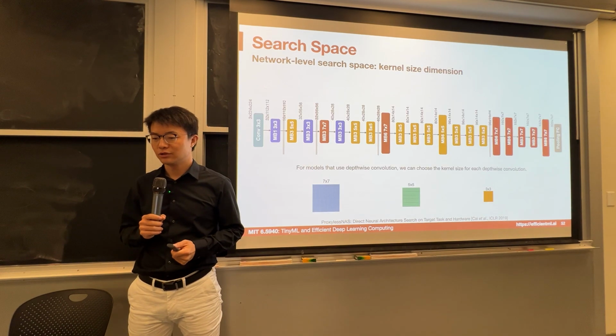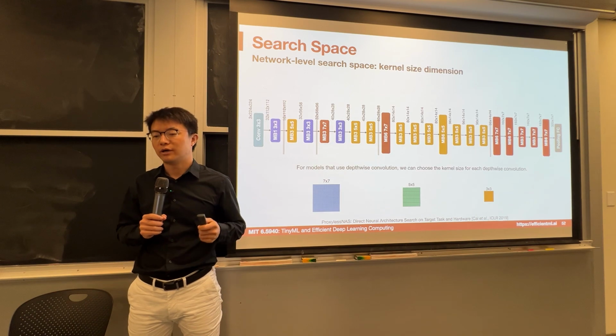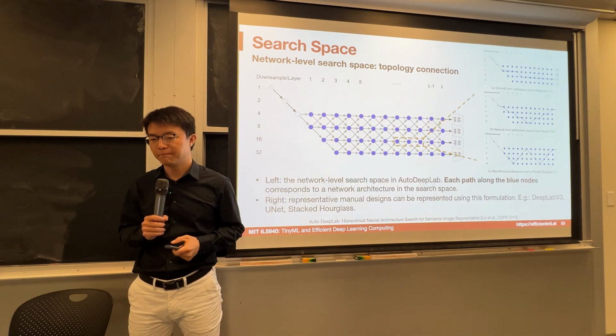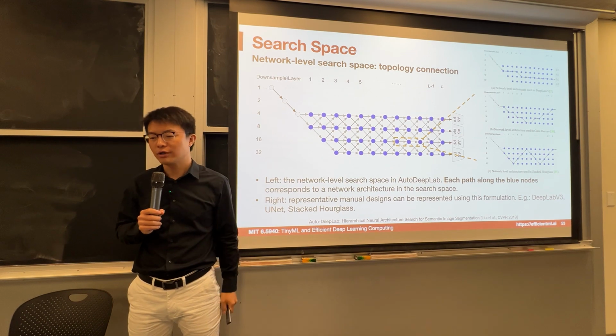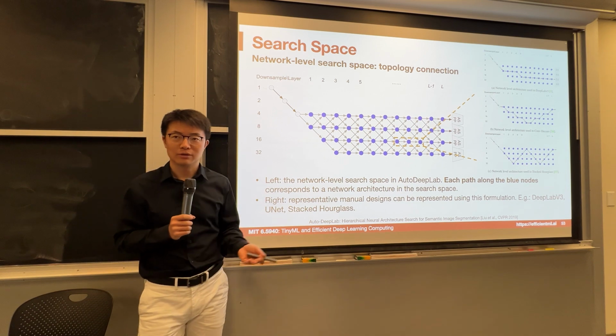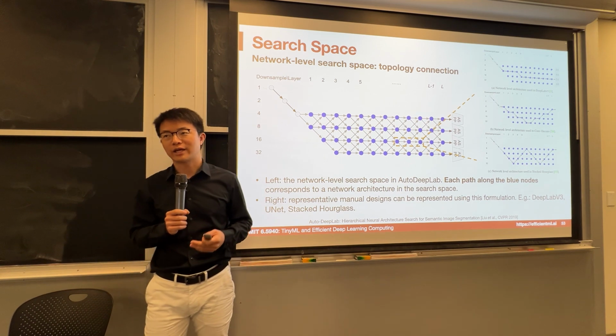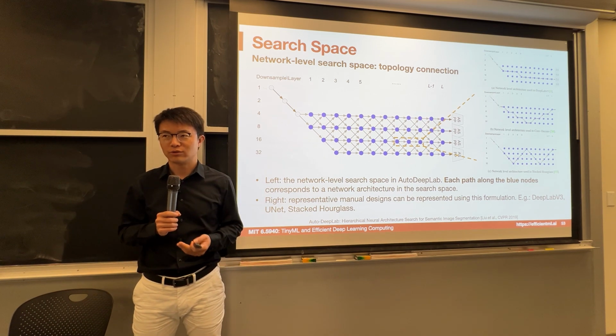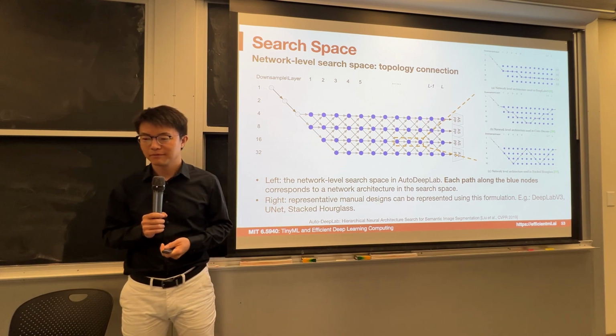Right, so let's continue. So we talked about the kernel size, the depth, the width, the resolution, and also there's a topology connection. Usually we need to downsample the neural network to get a lower resolution so that you can have a larger receptive field and also reduce the computation.